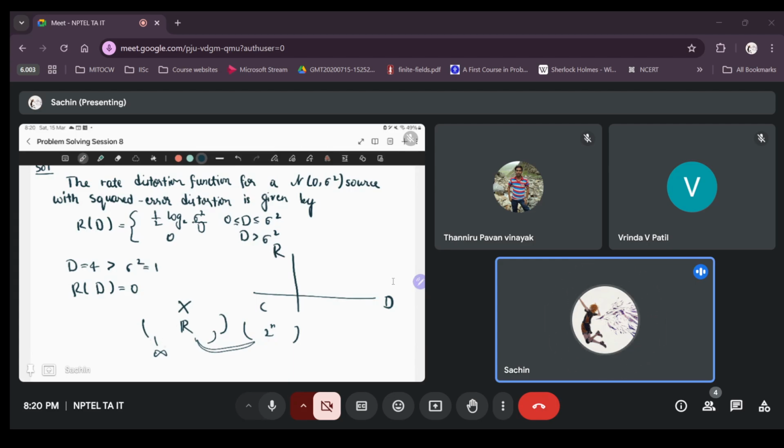You need infinite bits to represent this real value source, but you are representing with a finite number of bits, so you're actually getting some sort of compression. Even if this is not R, let's say this is 2 power N, where N is much greater than n, a large number of values are getting mapped to a smaller number of values, so you're getting compression.